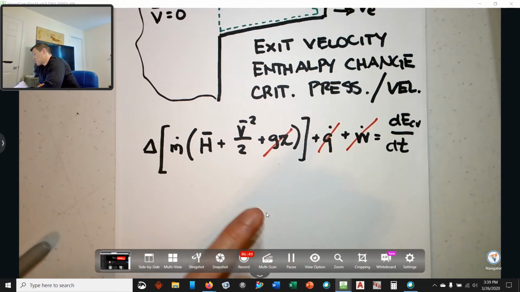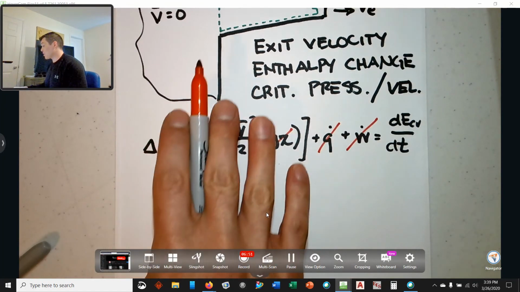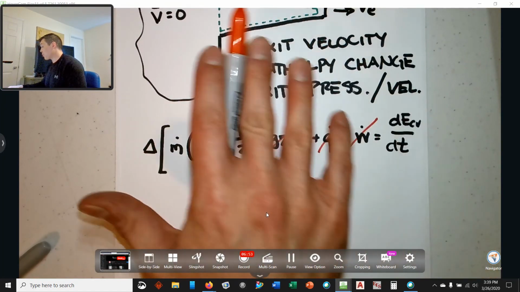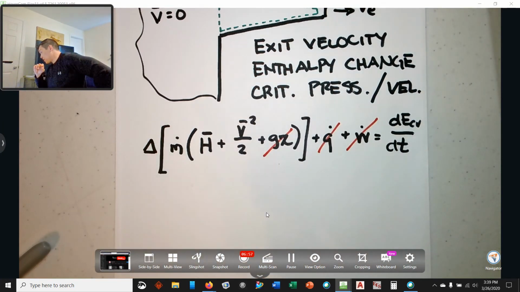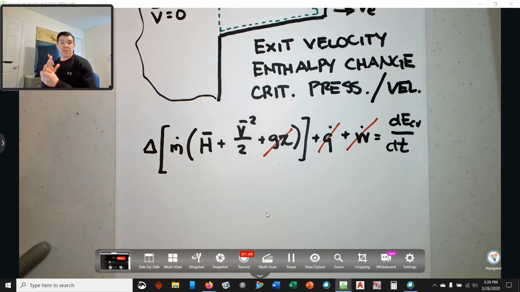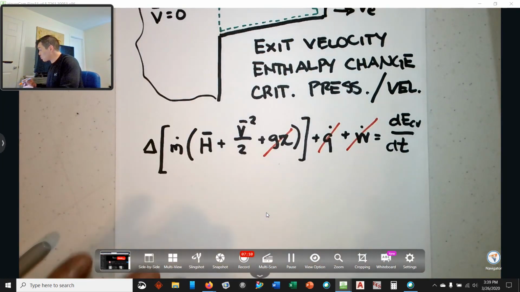And we have to consider, do we expect this to change over time, or can we consider this to be steady state? We can allow for a spatial change in energy and in enthalpy while still maintaining steadiness with respect to time. And that's what we'll consider. We'll consider this to be steady in time, but have a spatial enthalpy change. That's what we're trying to capture.